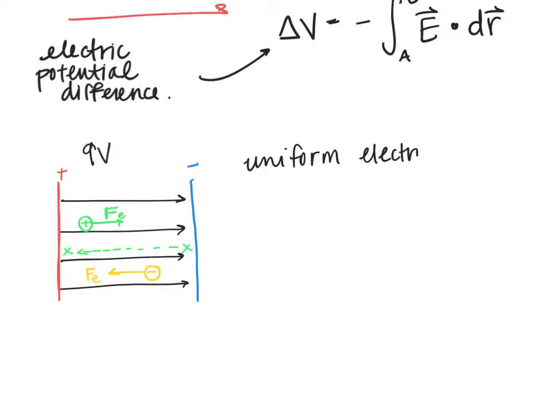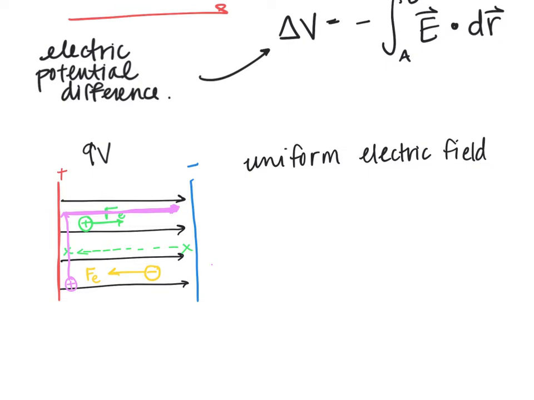Our uniform electric field is nice because even if you had a charged particle, and we applied a force to it so that it moved parallel to the plate, or perpendicular to the field, and then parallel with the field, the only time work is being done by the electric field force is when the particle is moving parallel to the electric field.